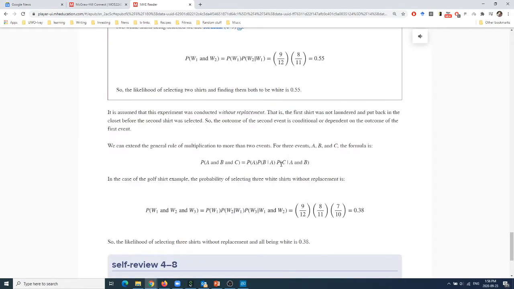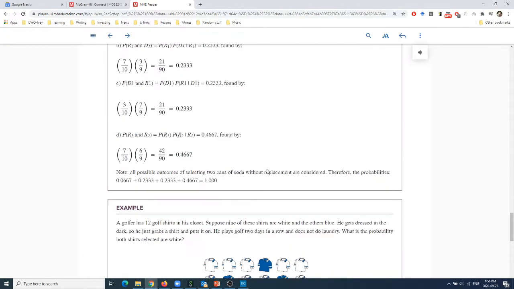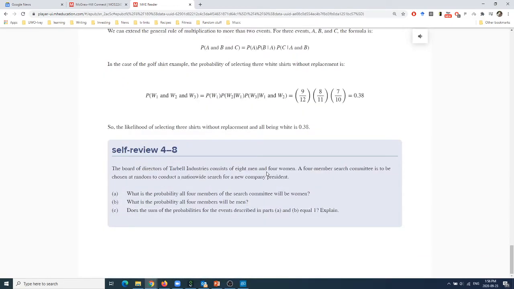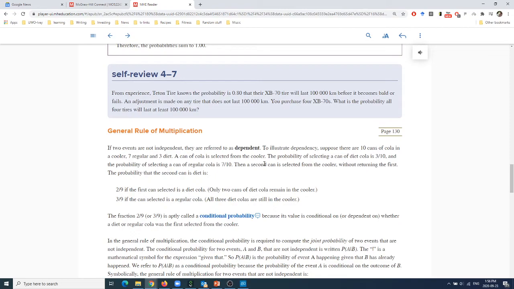You could extend this multiplication rule to 3 events. For the most part, we'll be thinking about only 2 events happening here. And the more events you add, the more complicated it gets. This is general conditional probability in a sense.